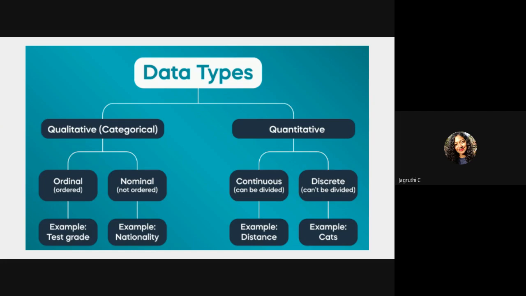One thing that you cannot do with ordinal data is measure it. I'll give you examples of how these work. It also does not have a meaningful zero. What I mean by meaningful zero is, let's say you talk about the sizes of shirts. You have XS for extra small, S for small, M for medium, L for large, XL for extra large.